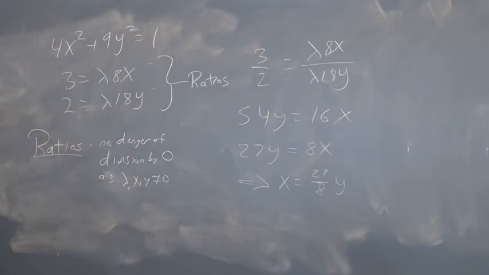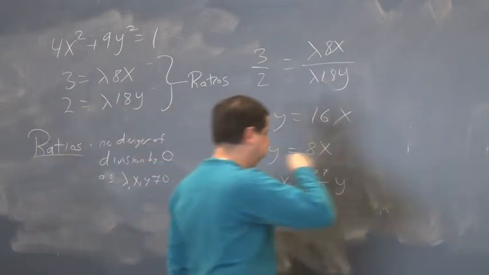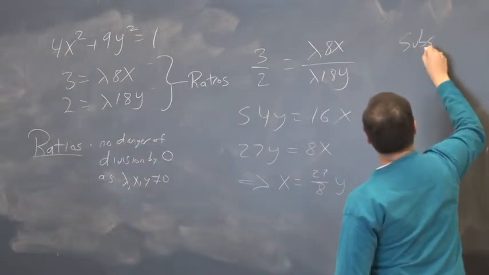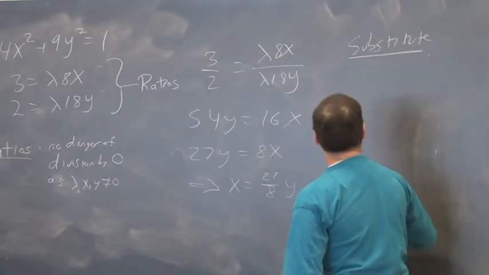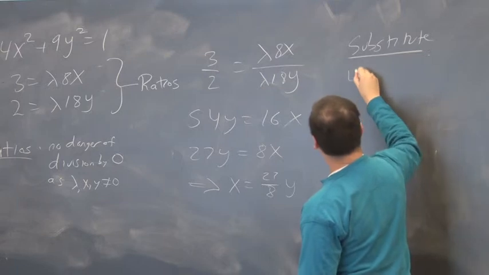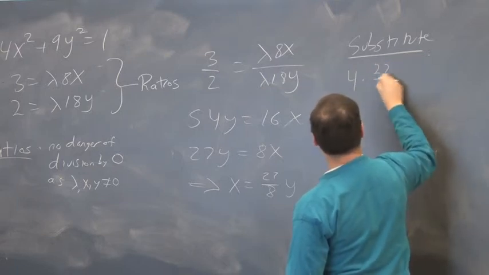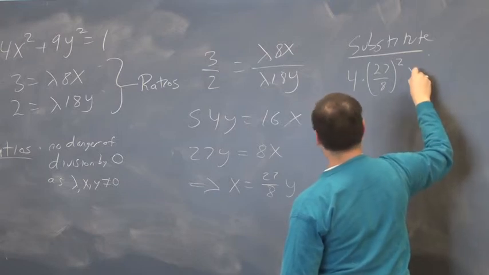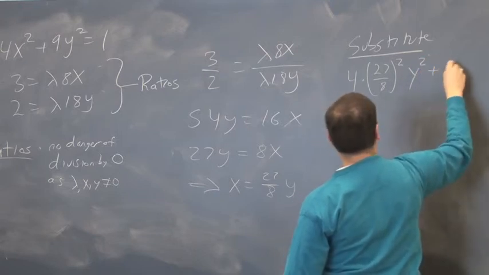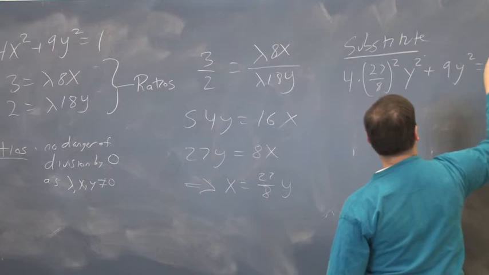Right? And now that I have that, I can substitute in. So now we substitute. Right? And what will we get? We get 4 times 27 over 8 squared times y squared plus 9y squared equals 1.